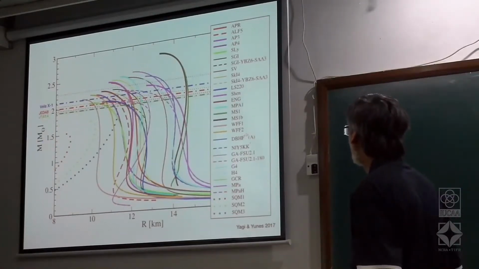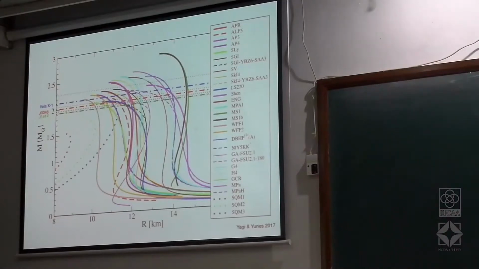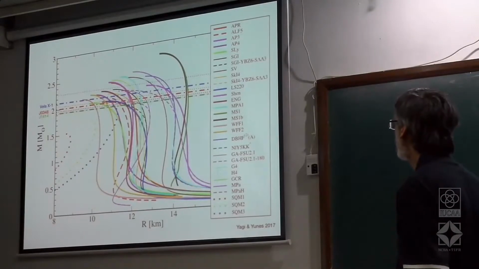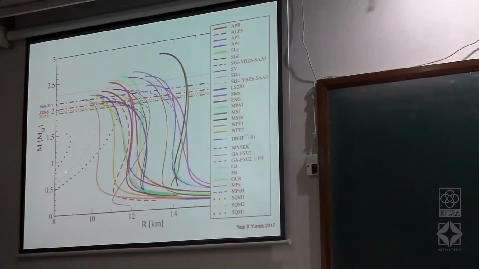And here is how different equations of state predictions for the mass-radius relation look. And you can see that certain families of equations of state actually survive, and there are others, some of them not plotted here. If these went below this, they are ruled out.